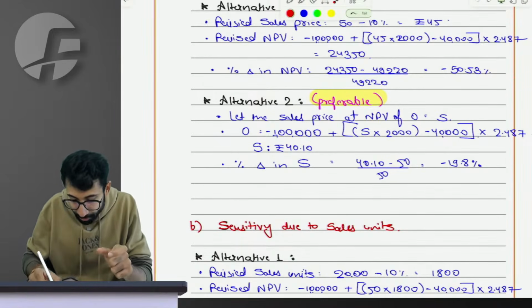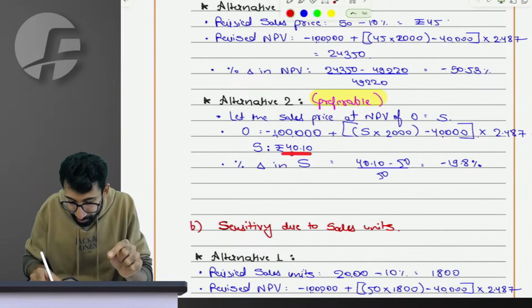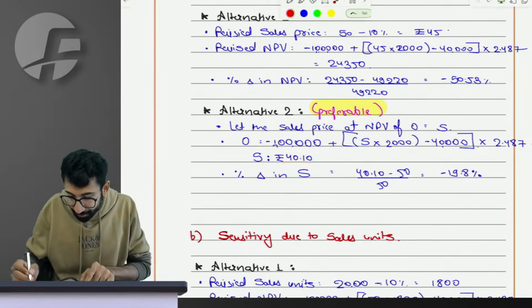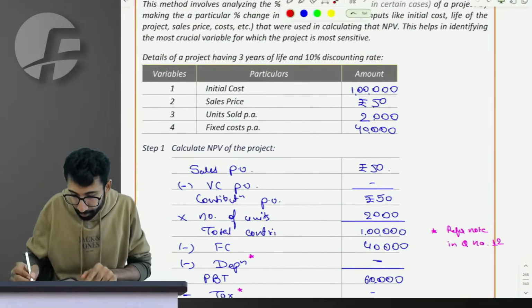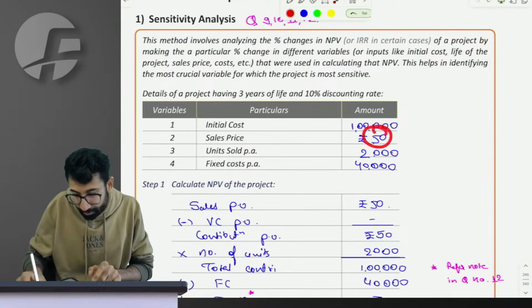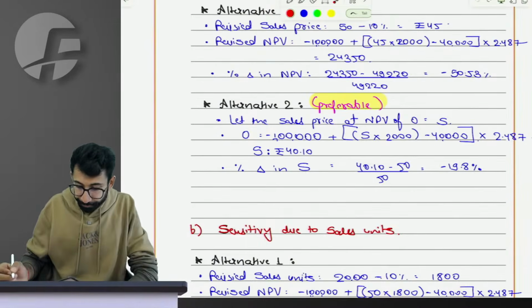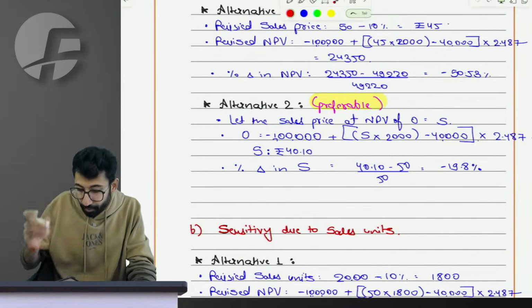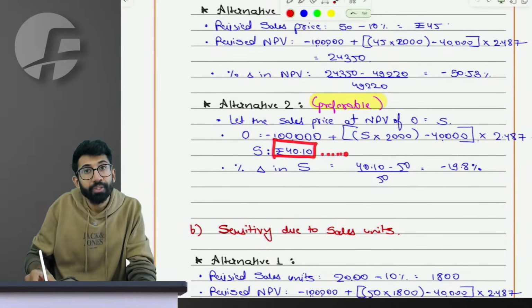Let's solve this equation and calculate; the sales price comes to 40.10. When I see that from the sales price of 50, which it was initially, to make NPV 0, the sales price of 50 will change to 40.10 and it can make my NPV 0.